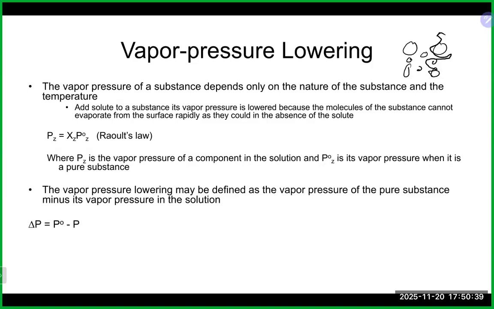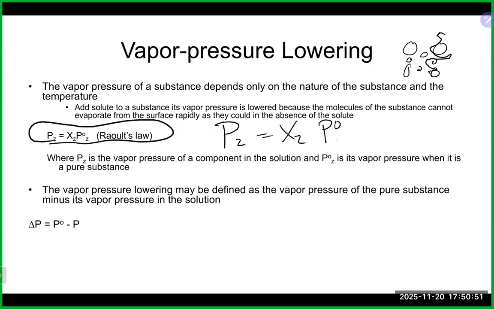You could calculate the vapor pressure by Raoult's law here, and that is the vapor pressure of a solution is equal to the mole fraction times the vapor pressure of the pure solvent by itself. The vapor pressure lowering is defined as the vapor pressure of the pure substance minus its vapor pressure in the solution.